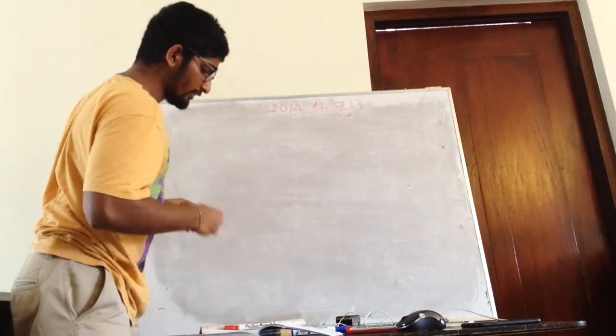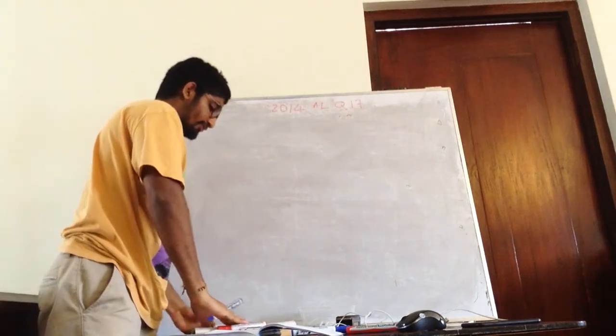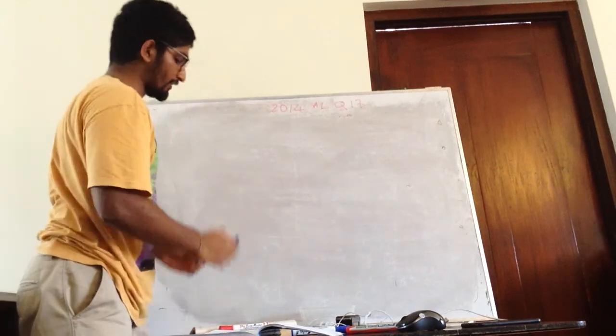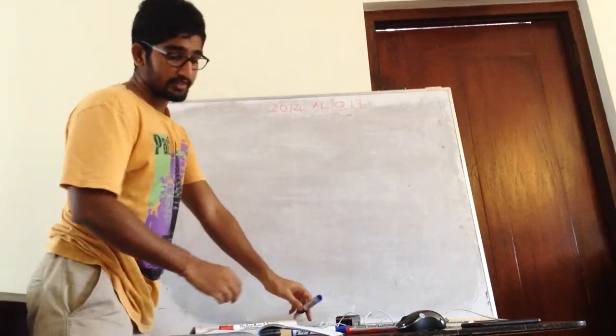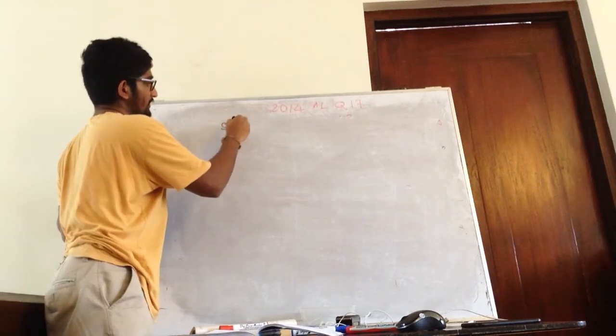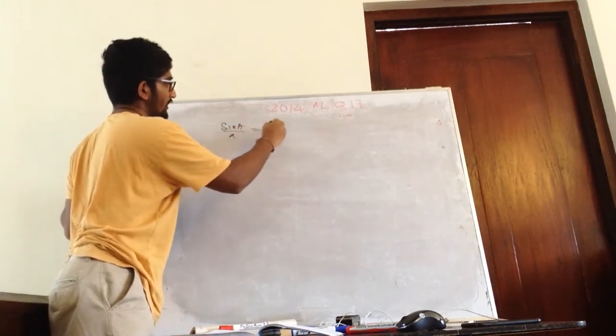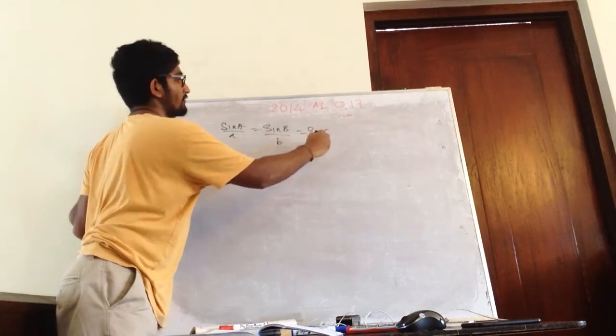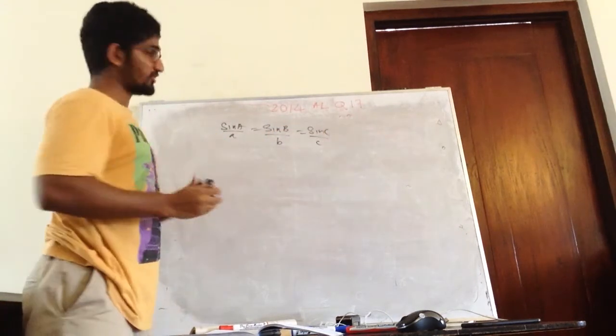For the first thing, it says, in the usual notation state the sine rule for a triangle. So now what is the sine rule? Sine rule is this one. Basically sine A over a is equal to sine B over b, equal to sine C over c. Right, so this is the sine rule.